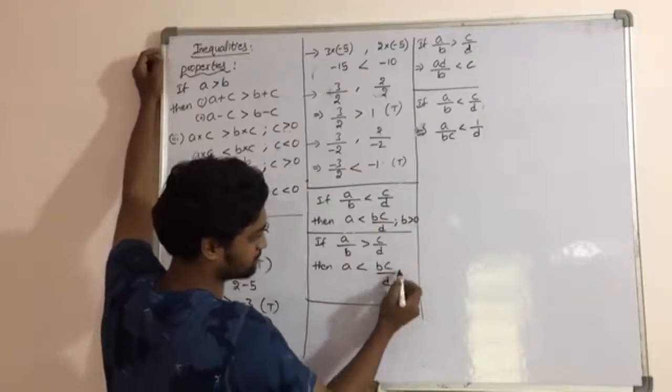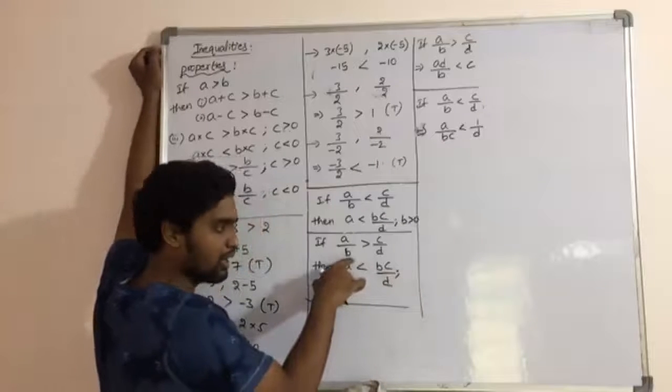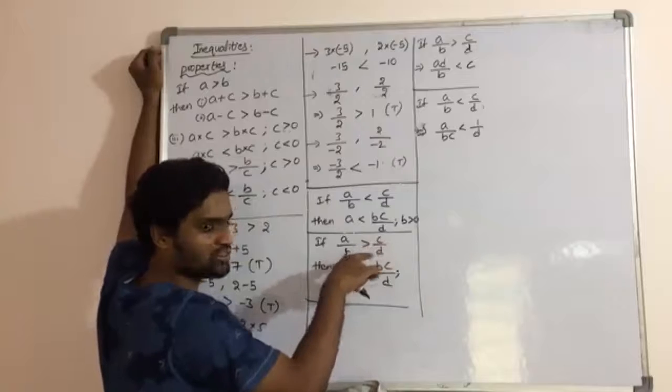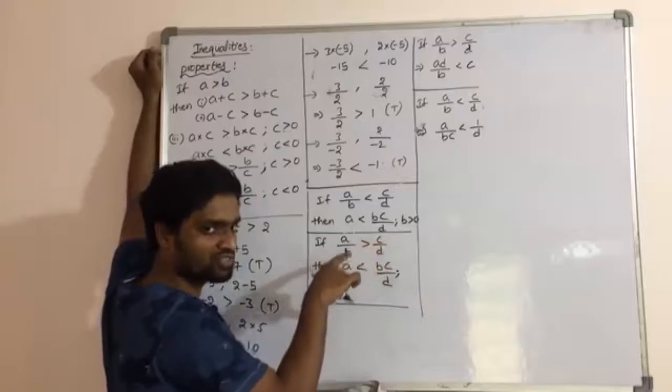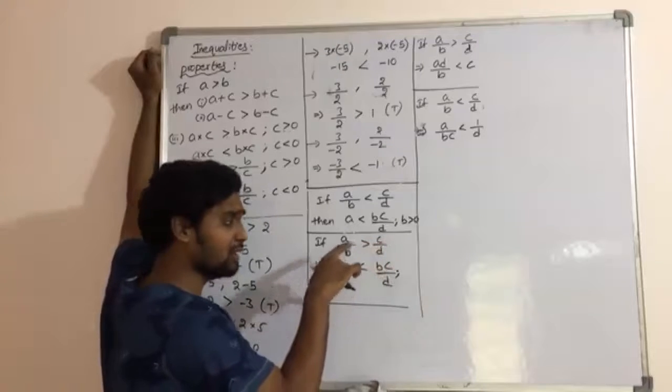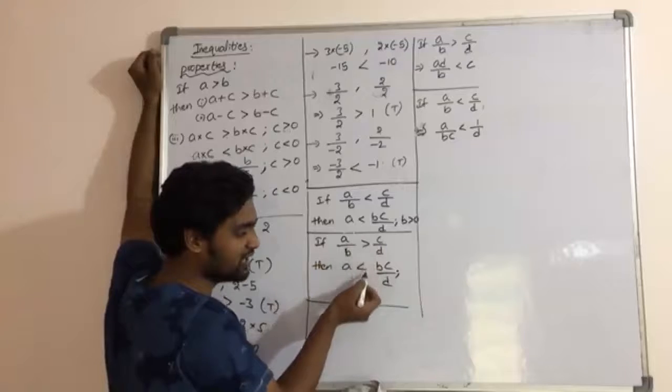Coming to this, multiplying with B on both sides, the inequality changed.